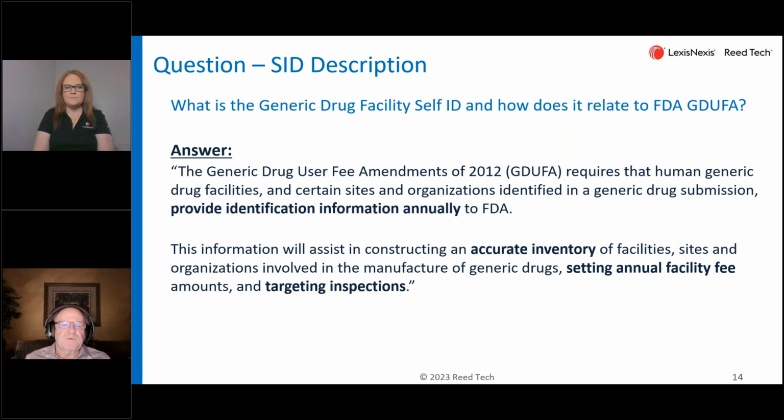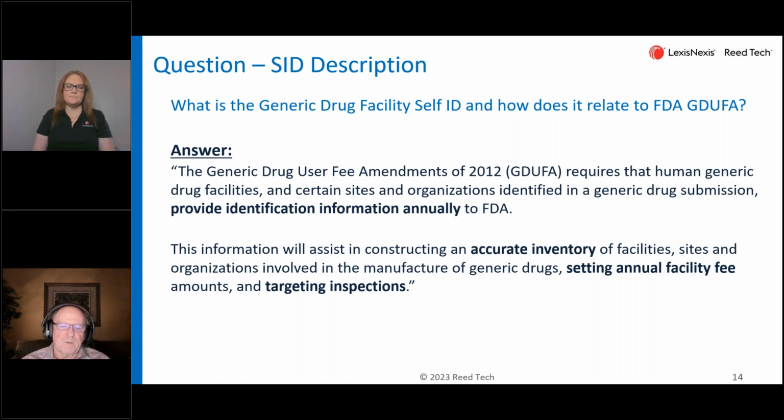The drug facility self-ID is a little bit different, where now the FDA wants to receive information about the facility. So this is collected on an annual basis, and they want to have a very good inventory of all the facilities, the various sites involved, have visibility into the supply chain, and then depending on the number of sites, this goes into some calculations and would affect the annual facility fee.